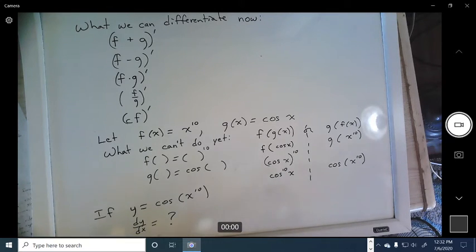And we'll get into this. It's extremely important. It opens up this huge world for us because we find that functions within functions are perhaps the majority of the functions that occur in the real world. When we really model real things, they're usually not simple. And so we really need this.